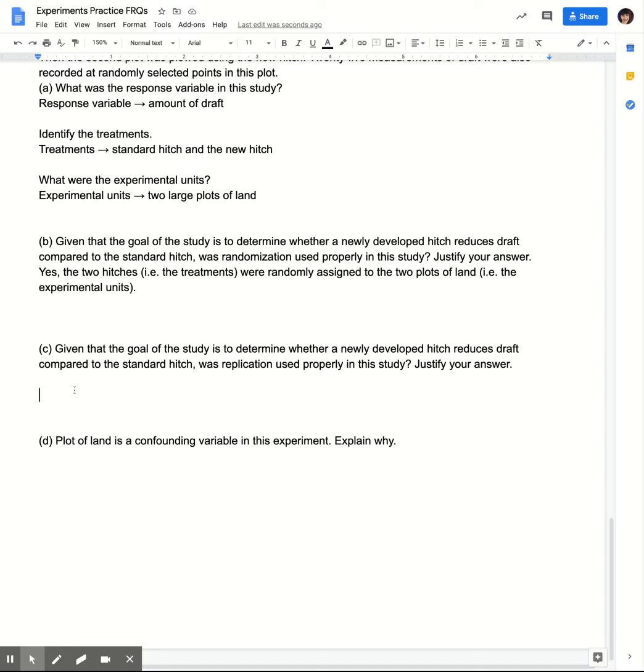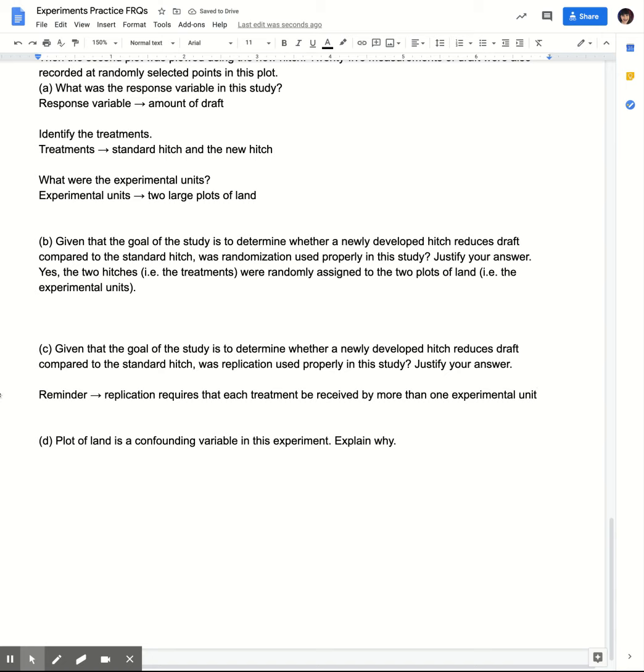Okay, so as a reminder, you wouldn't write this. This is just a reminder for you. Replication requires that each treatment be received by more than one experimental unit.